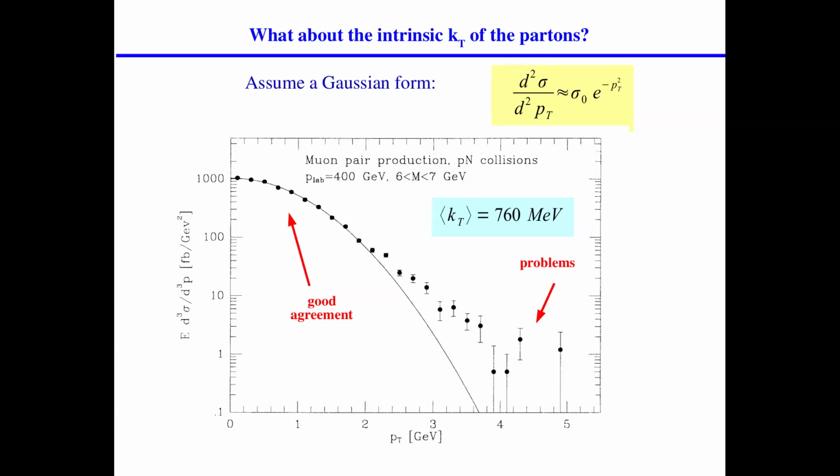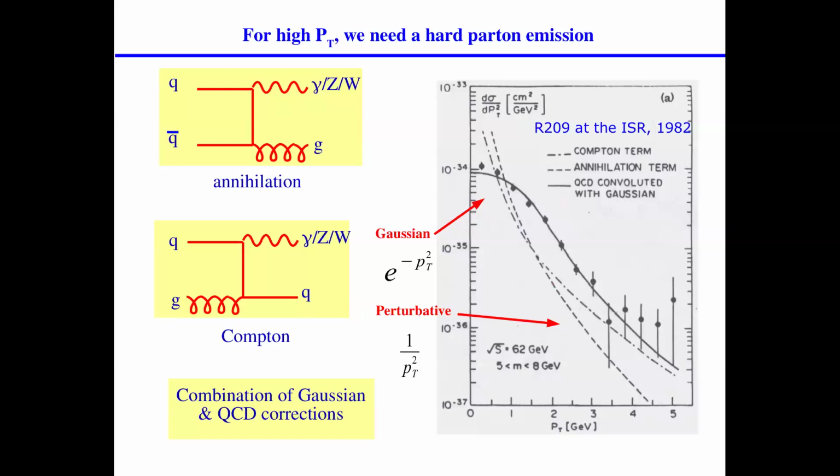On a very steeply falling distribution, I just push it out a little bit more, and it shows up there. So this is something we're going to have to worry about. And here, if I put an intrinsic KT there of 760 MeV, less than a GeV, I can start fitting that. So, let's take a look at that.